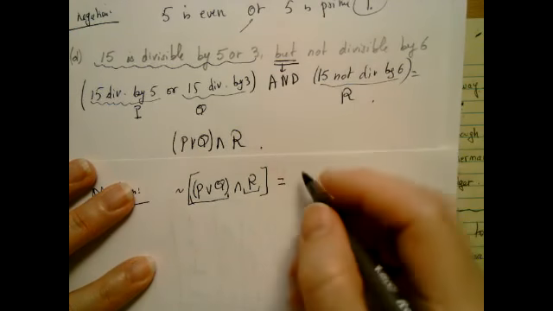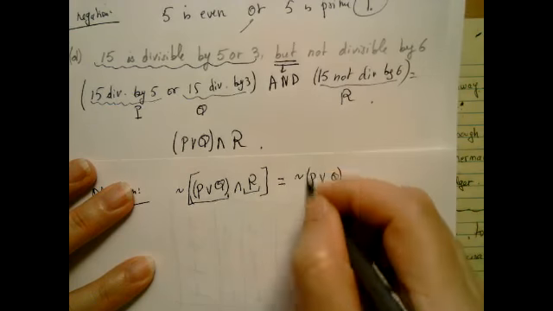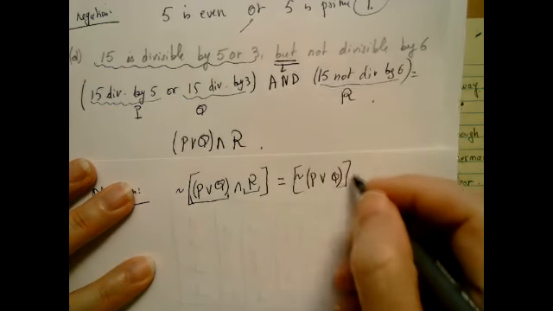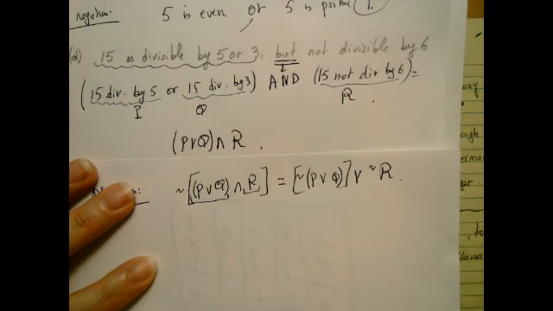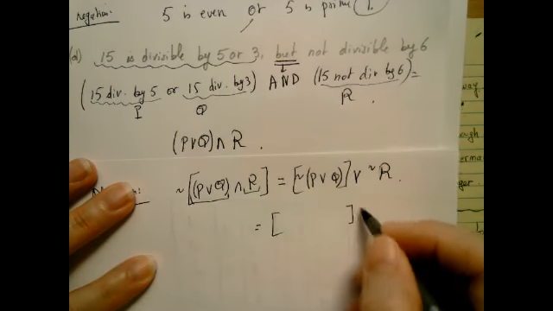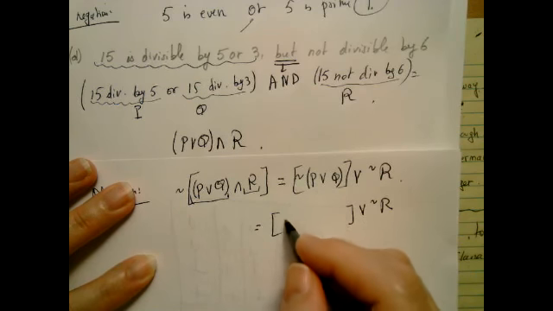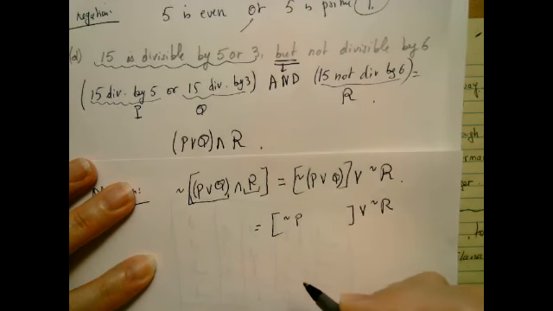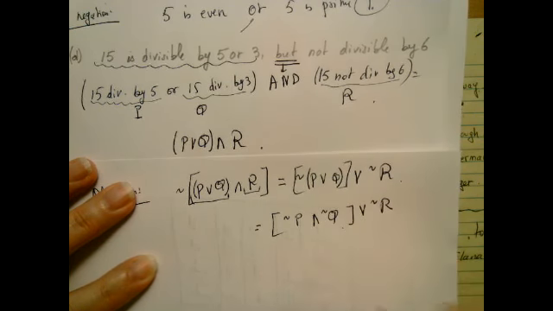So the negation is going to be the negation of P or Q, or non-R. Right. Now let's zoom in a little bit more, Nick. This is one piece, I leave it. Non-P or non-Q means non-P and non-Q. It's this or not R.